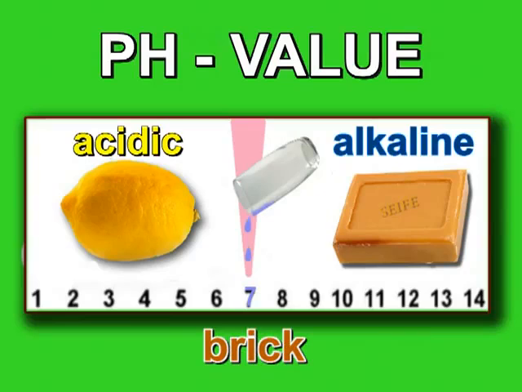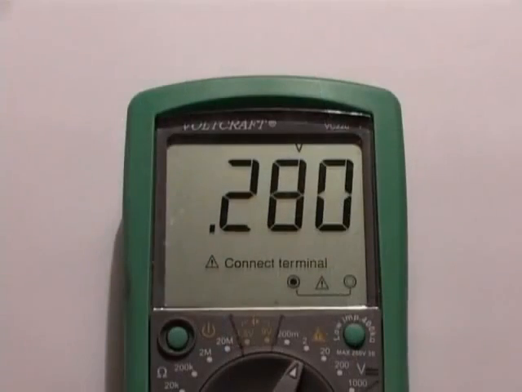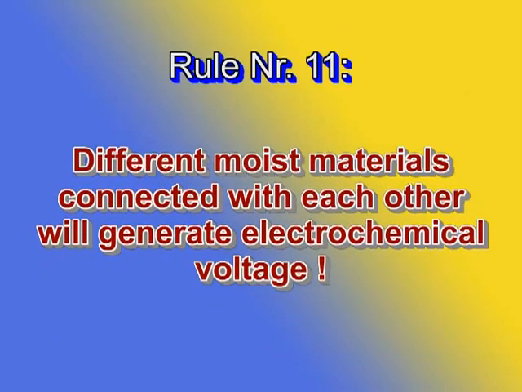When materials of different pHs come together, as for instance brick and cement-based plaster, you will obtain a measurable electrochemical voltage between these materials. Rule number 11. Different moist materials connected with each other will generate electrochemical voltage.